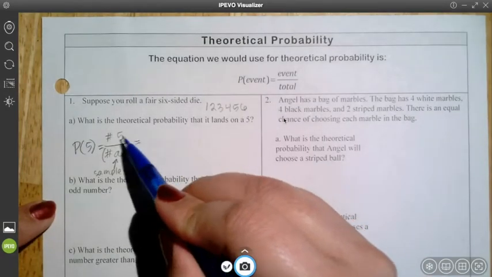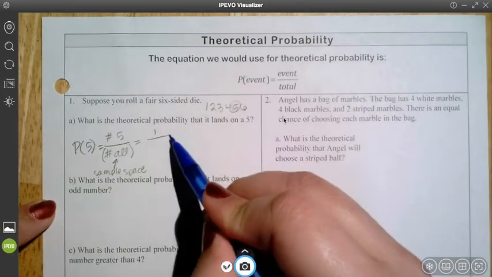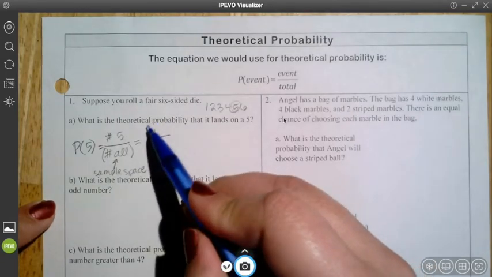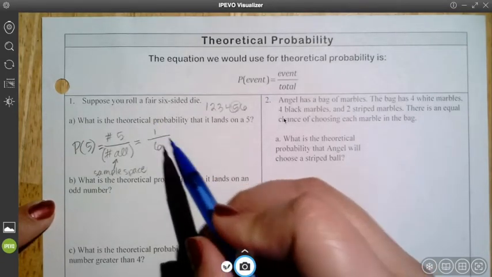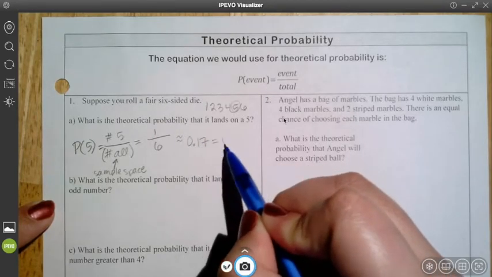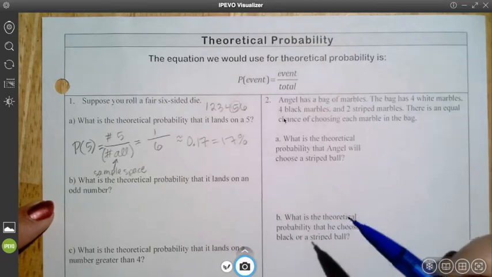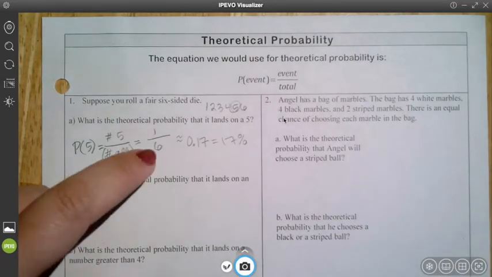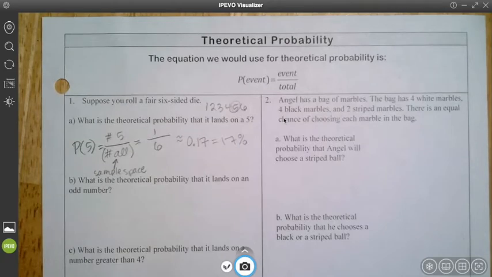How many of those are 5? 1 is 5, and 6 possible. So this is my probability, 1 over 6. Again, we could estimate that as 0.17 or 17%, depending on how it asks for the results. Usually it will ask for a fraction.